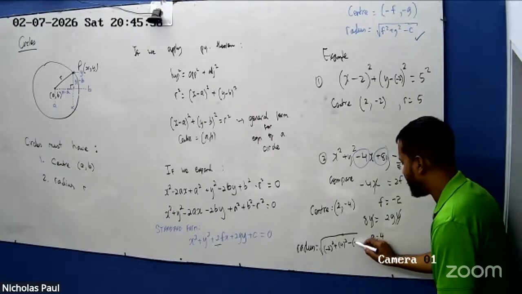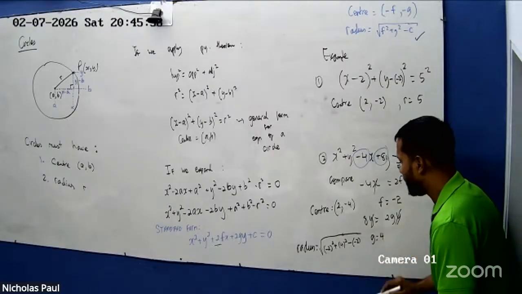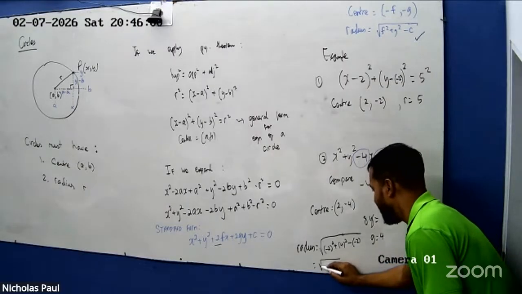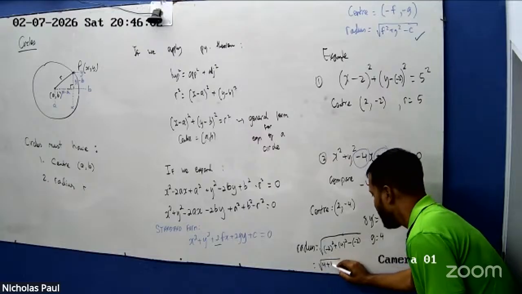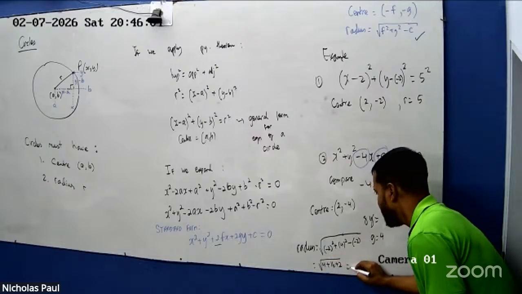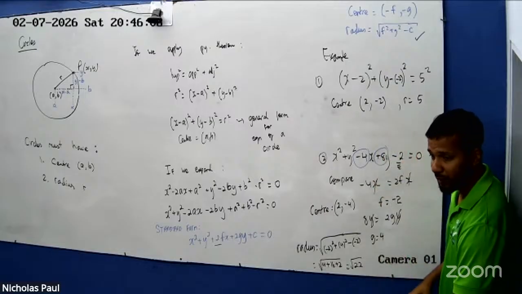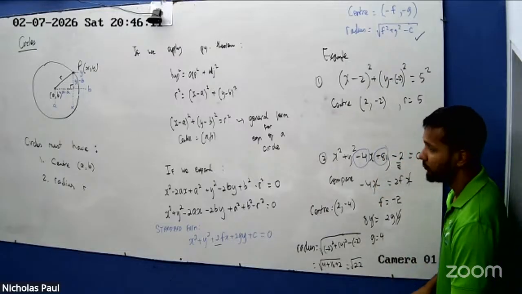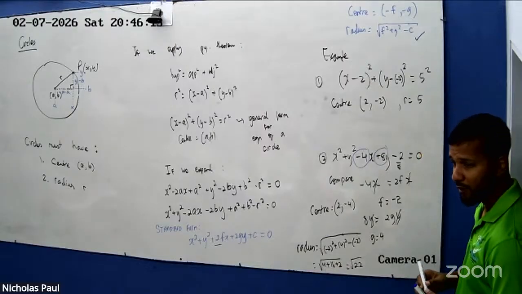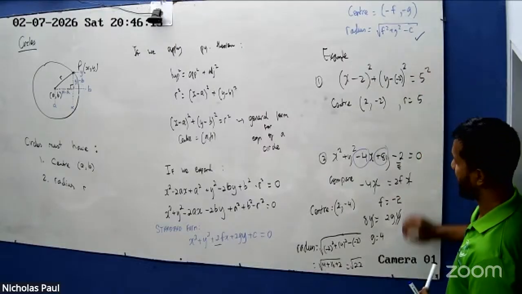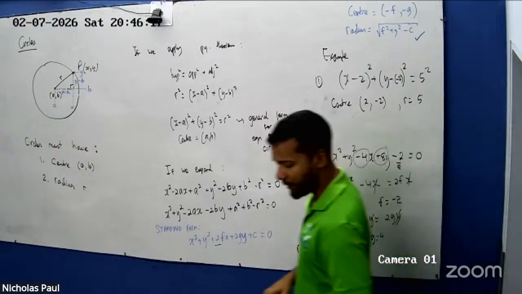C is minus. Right? So you take a calculator, you'll get 4 plus 16 plus 2, the square root of 22. That's the radius. Okay with that? So we're gonna practice a few of these.